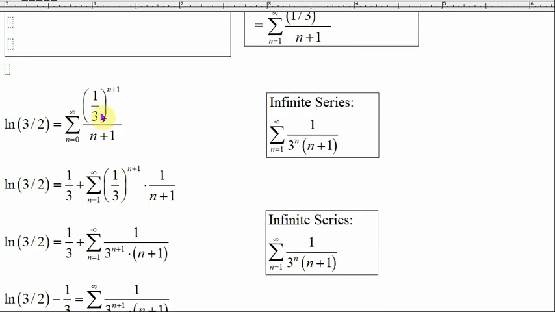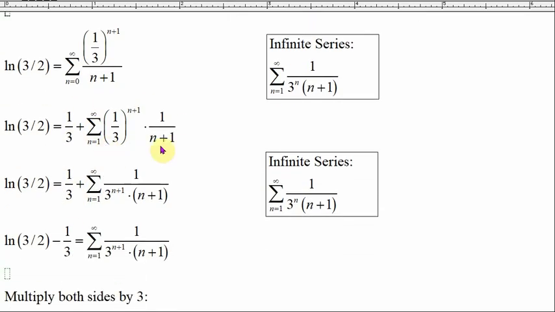Let's rewrite this. When n is 0, for the top we get 1/3, and for the bottom we just get 1, so we get 1/3. That's the first term. Then we can rewrite this summation as 1/3 plus the sum of 1/3 to the n plus 1 times 1 over n plus 1, but now n starts at 1 because the first term is when n is 0.